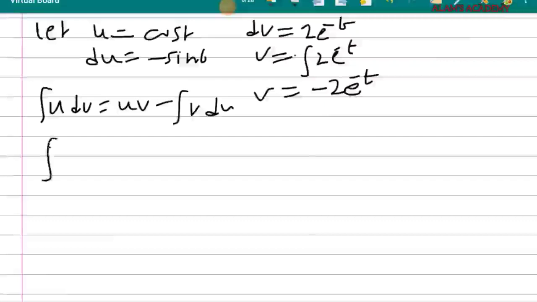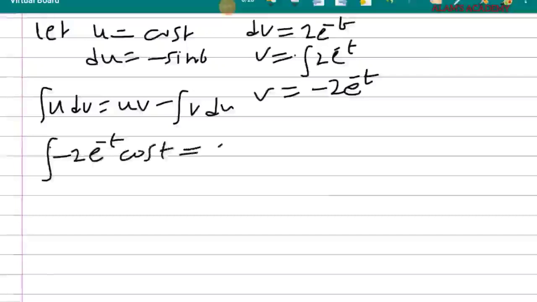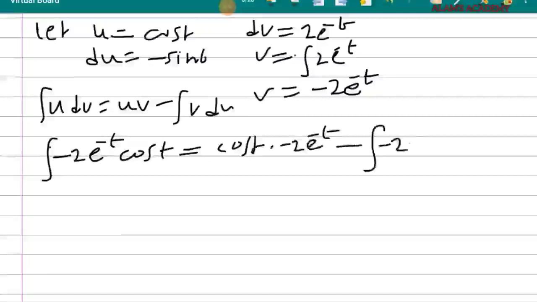So here we know u to be cos t, and v to be equal to negative 2 e exponent negative t. So I have the integral of u dv, which is cos t times 2 e exponent negative t, to be equal to u, which is cos t, and v, which is negative 2 e exponent negative t, all minus the integral of v, negative 2 e exponent negative t, then du, which is negative sine t. So you just have to take your time with the signs so that you don't make mistakes. Now we go ahead.